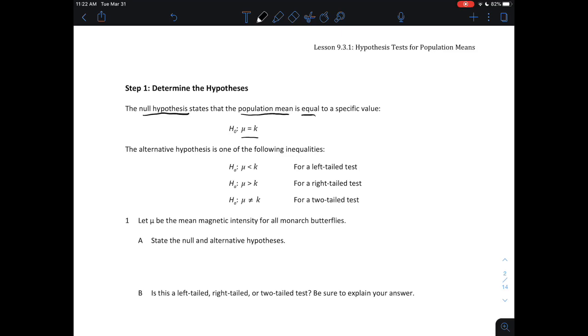The alternative hypothesis then involves an inequality, again relating the population mean to that number k. So either mu is less than k for a left-tailed test, mu is greater than k for a right-tailed test, or mu is not equal to k for a two-tailed test.